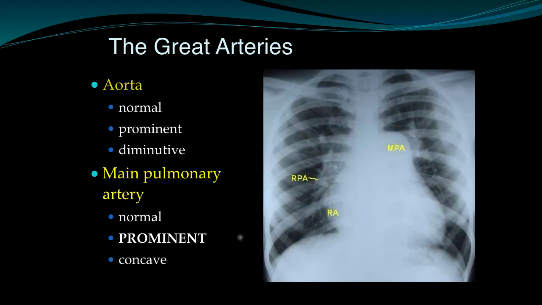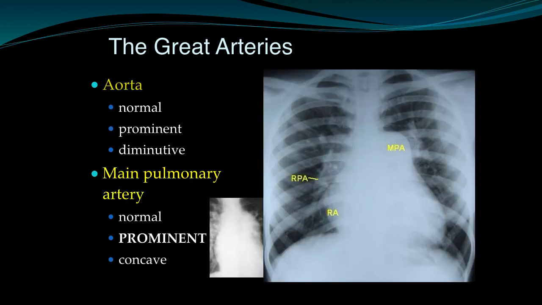Now, the next slide shows you a prominent main pulmonary artery segment. It almost displaces your aortic knob, and usually if you see a prominent MPA segment, it could be secondary to, number one, a large ductus arteriosus, or a severe pulmonary stenosis, or severe pulmonary arterial hypertension, meaning your PA pressure is estimated to be 60 millimeters mercury and above.